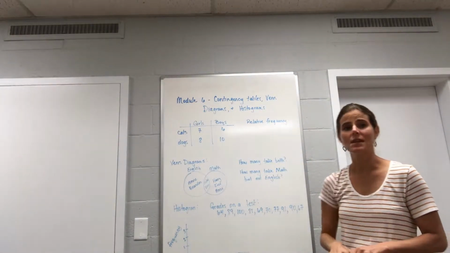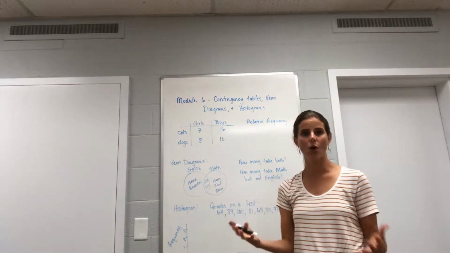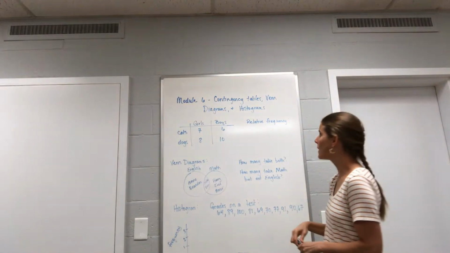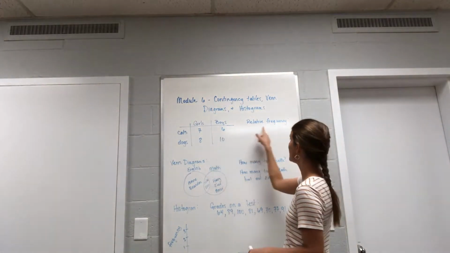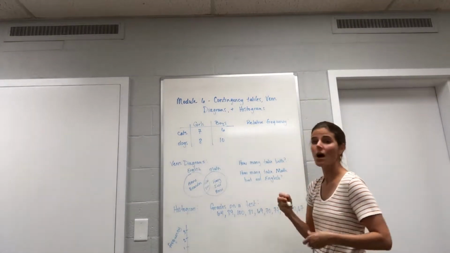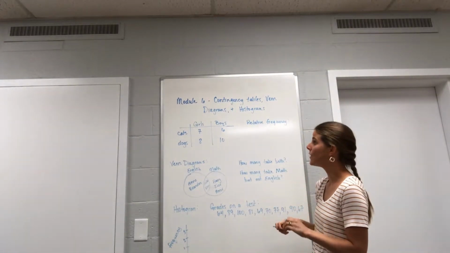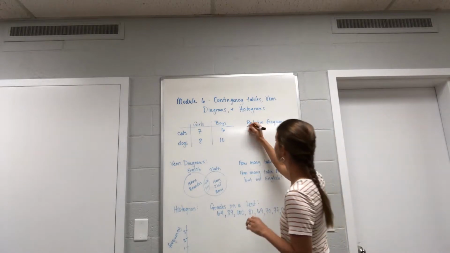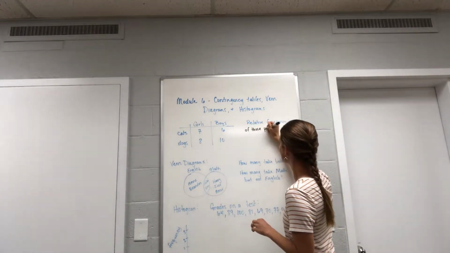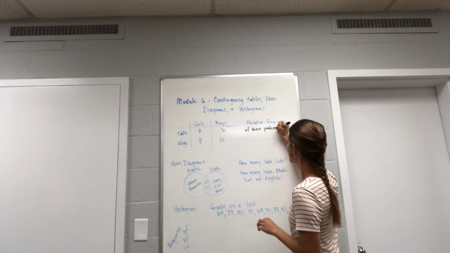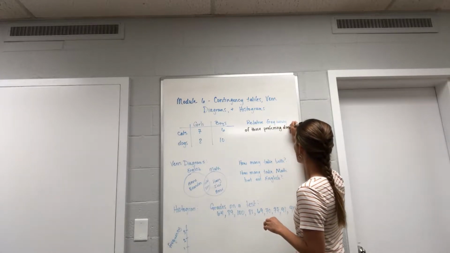Relative frequency is the frequency relative to the total in the group. So we're going to represent that as a fraction here. We want to know the relative frequency of those that prefer dogs.